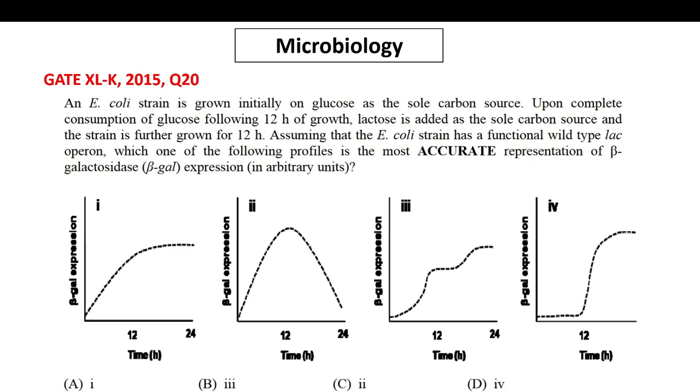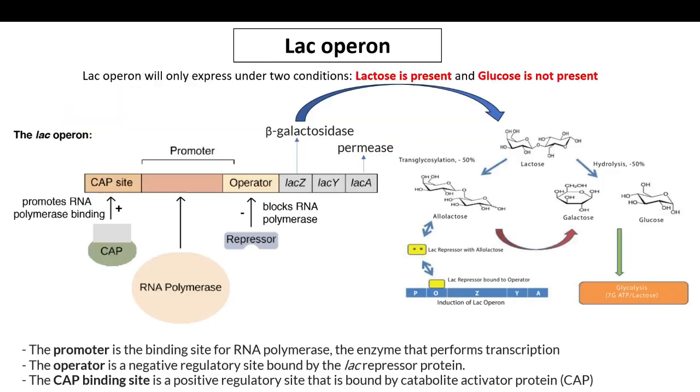So let us look into what a lac operon is. What does operon mean? An operon means there are certain clusters of genes which are grouped together under a single promoter.